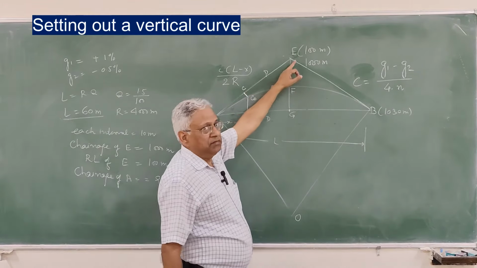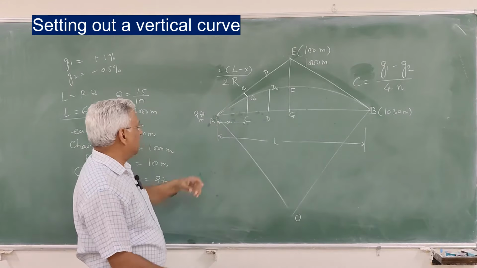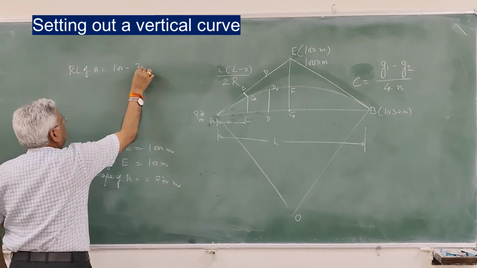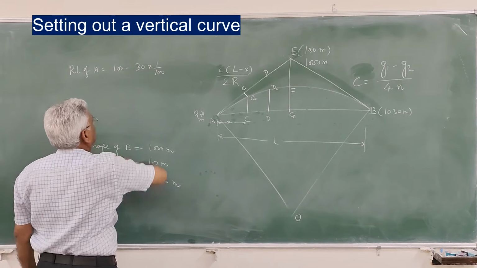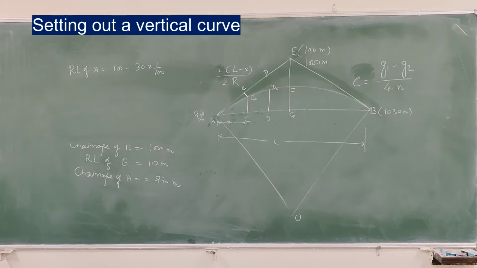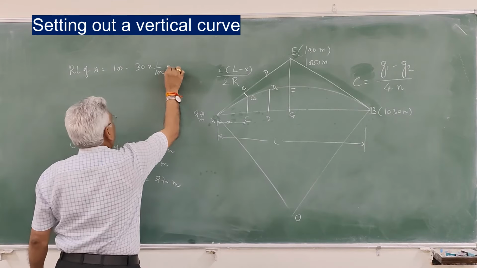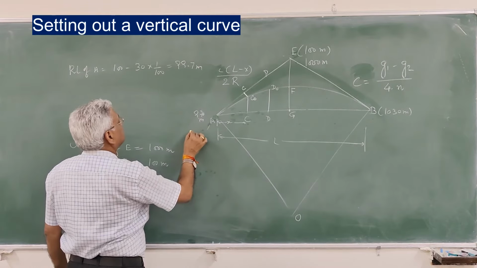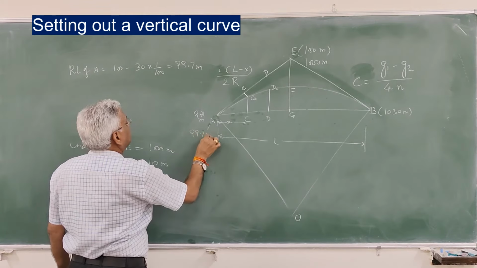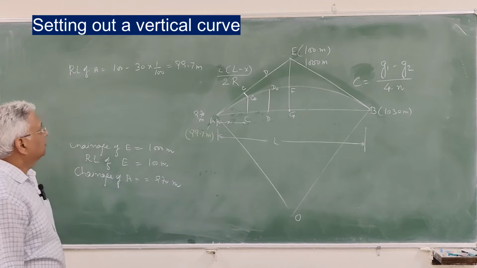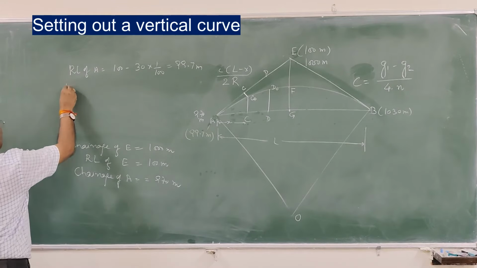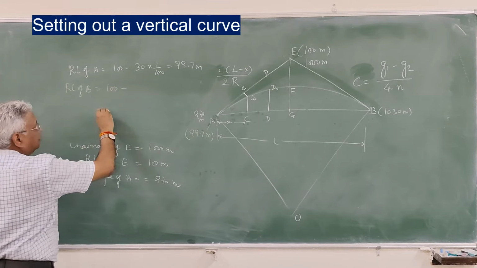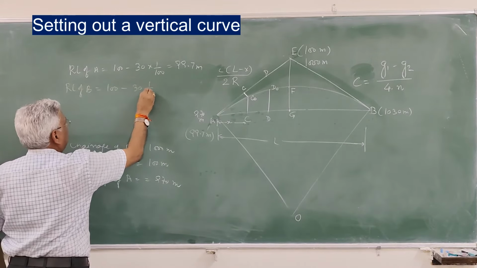Its RL is 100 meter, and therefore the RL of A will be 100 minus 30 into 1 by 100, 99.7 meter. And similarly, RL of B is 100 minus 30 into 1 by 200.